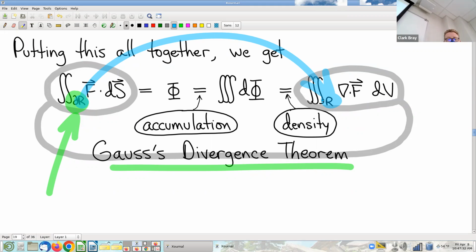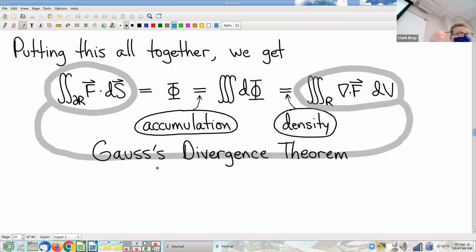It's not that Gauss's divergence theorem isn't true. It's that there is no Gauss's divergence theorem at all. Right? There is no triple integral to even wonder if it might equal to the flux, right? So this is a big point. A lot of students mess up on this, by the way. You've got to check. I cannot emphasize this enough. You've got to check and make sure that your surface actually is a boundary.